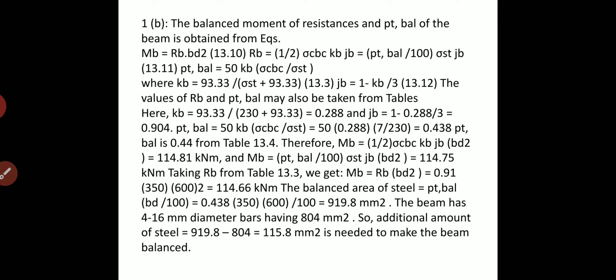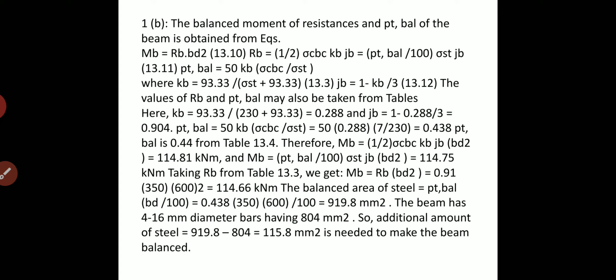Therefore MB equal to 1 by 2 sigma CBC into KB into JB into BD square. All the values are put in this equation, and we can find the balanced moment of resistance MB equal to 144.81 kilonewton meter.